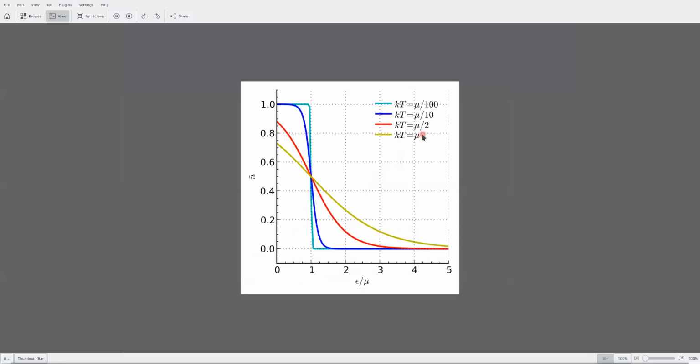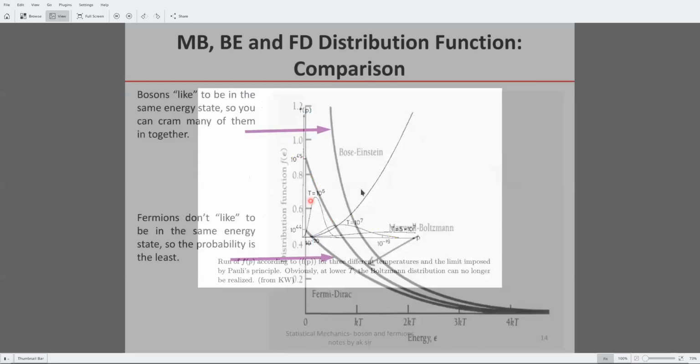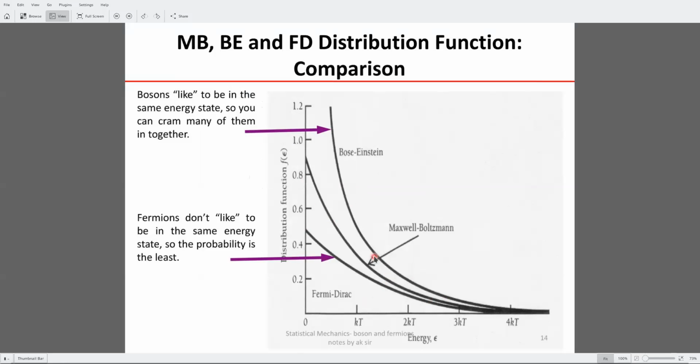Mu essentially is the Fermi energy. When the thermal energy is comparable, you see this shape, since the exponential is similar here, so similar behavior to Maxwell-Boltzmann.